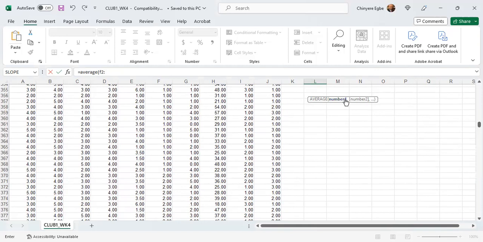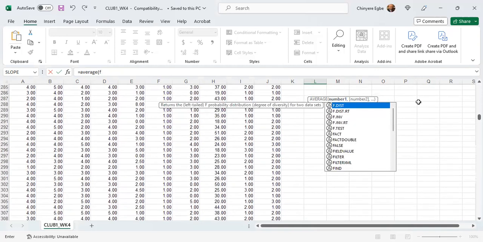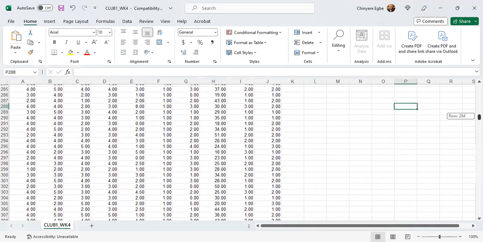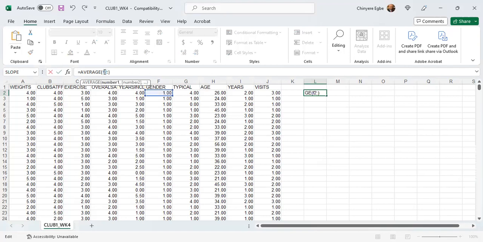But average F369. So when doing the assignment, should we stop at 369? No, that is the average for the males, F2 to F369.